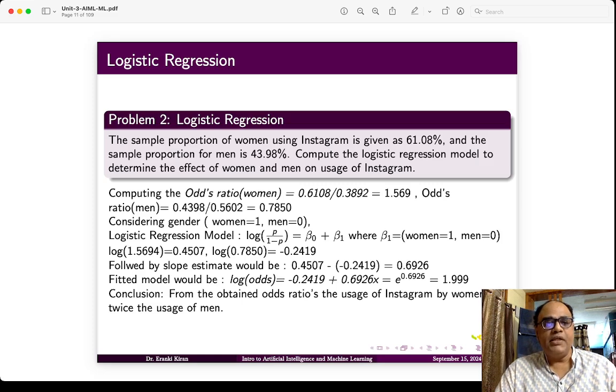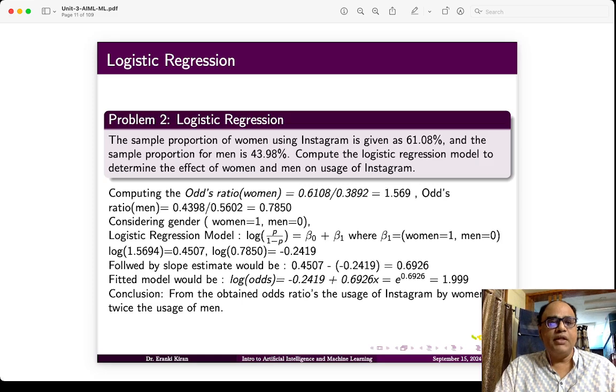So we fit this into the logistic regression model and we get 1.9. So from the odds ratio, the usage of Instagram by women is almost twice, because it's 1.9, almost twice the usage of men. Okay, so this is how we apply logistic regression.